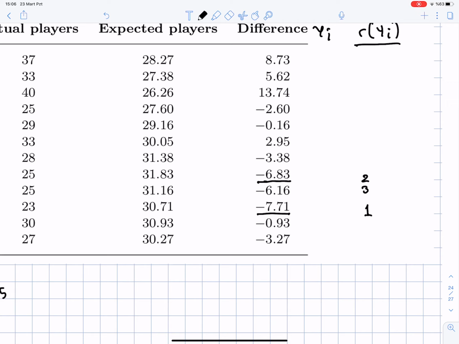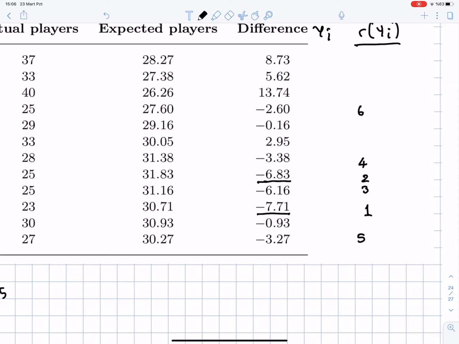And the next one is minus 3.38, which should be in position 4. And minus 3.27 is going to be 5. Minus 2.60 is going to be 6.